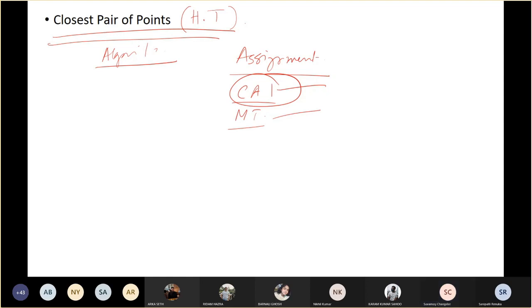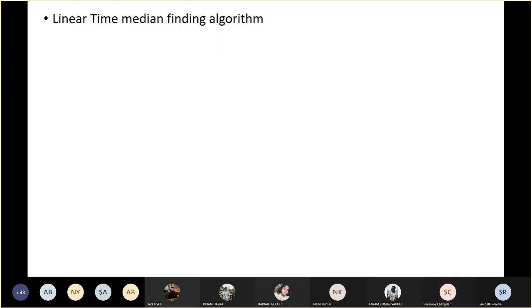Okay, so today I will finish the discussion, since we have already discussed two topics and this is the home task. Next day, the linear time median finding algorithm, and if I get time, then the convex hull algorithm.